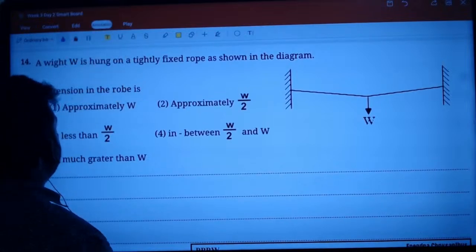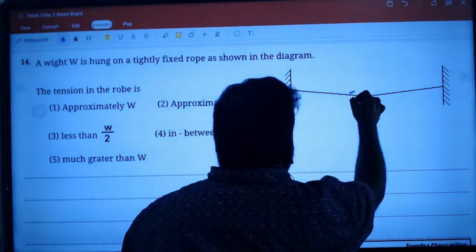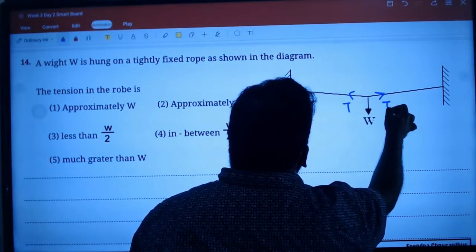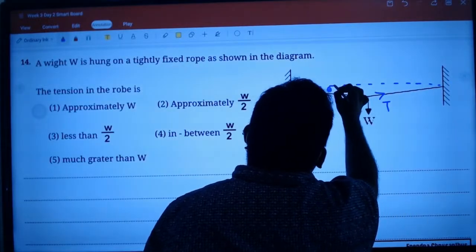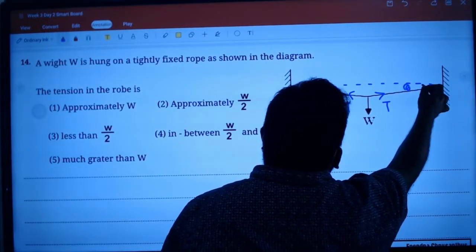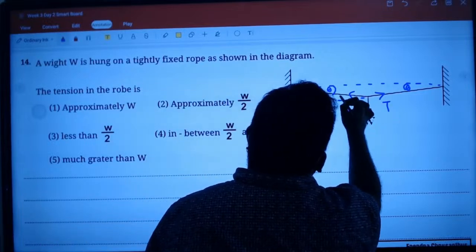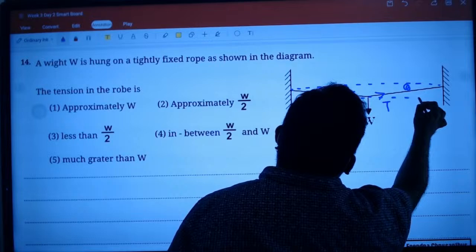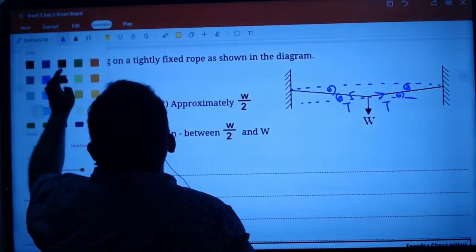This one. Weight W is hung. So here tension is there. This angle here is going to be theta here, theta there. So if that is theta here, I can make this theta here, this theta here. Simplify it now.